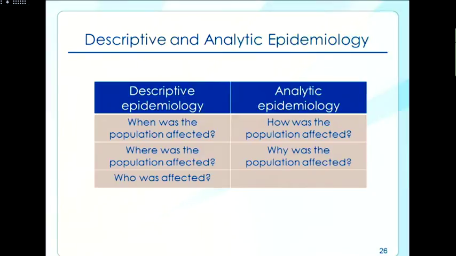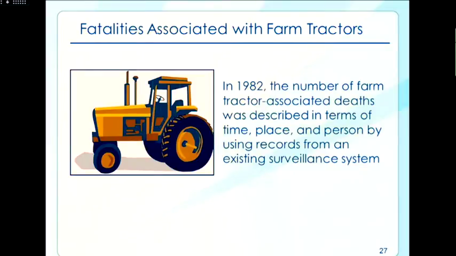From these observations, the epidemiologist can generate a hypothesis about why things really happened. And then to test that hypothesis, epidemiologists must use an analytic process in which they ask how and why the population was affected. So let's look at an example.